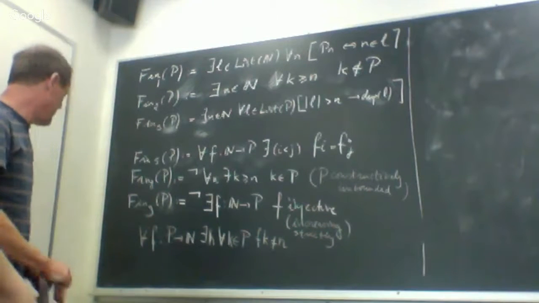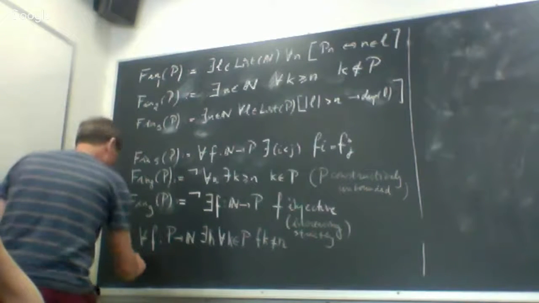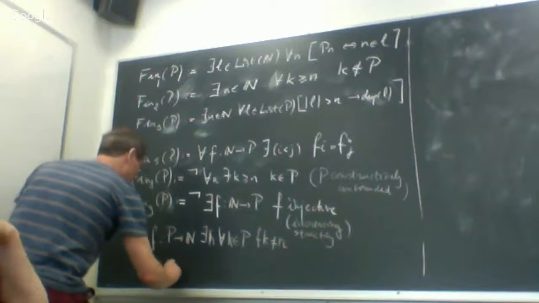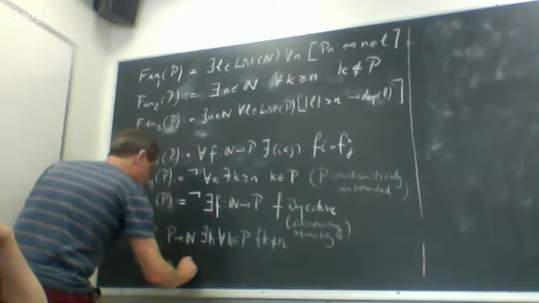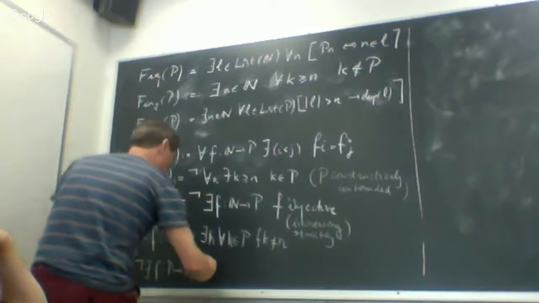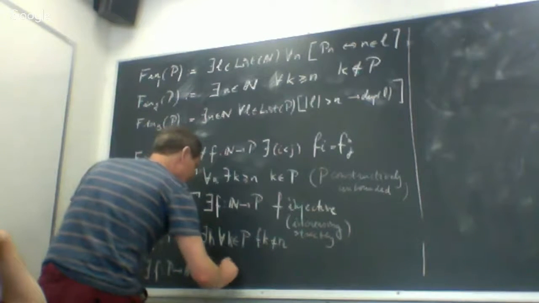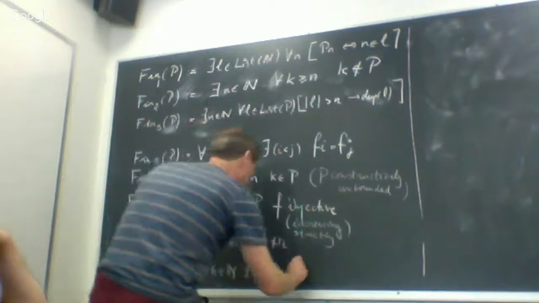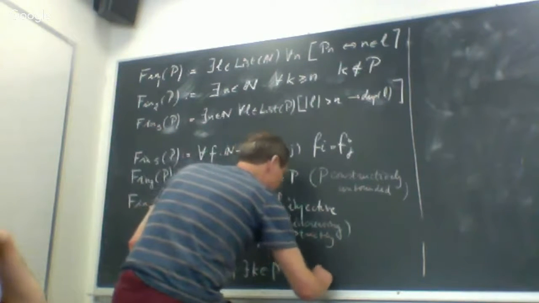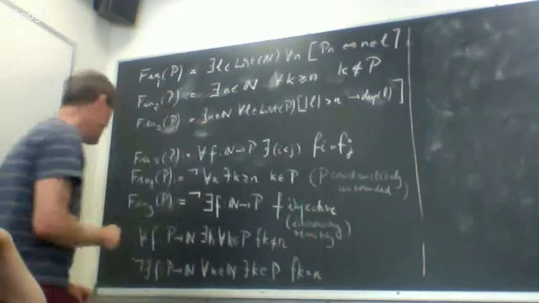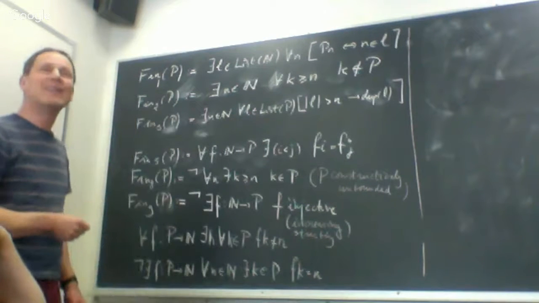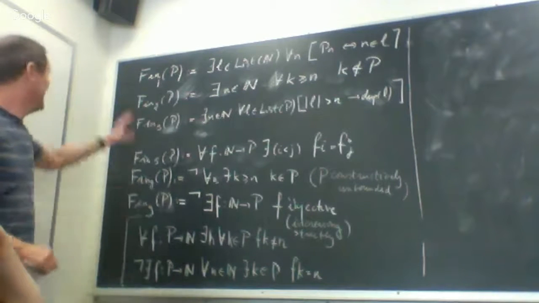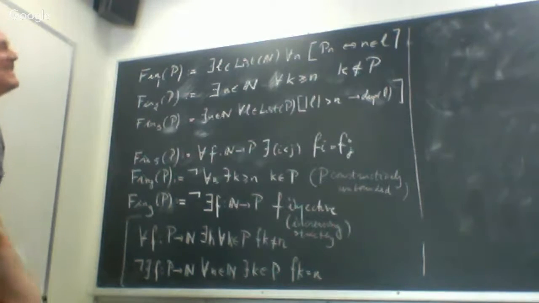But there is of course also this one: not exists an f from P to N such that for all n in N, there exists a k in P such that fk equals n. Yeah, there's that too. So we have to work on that.